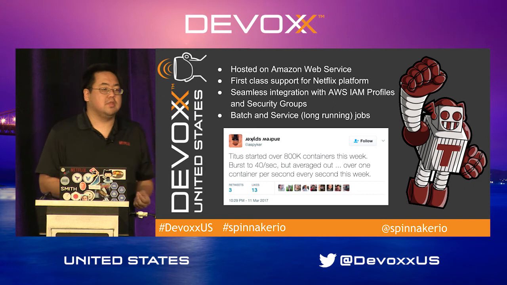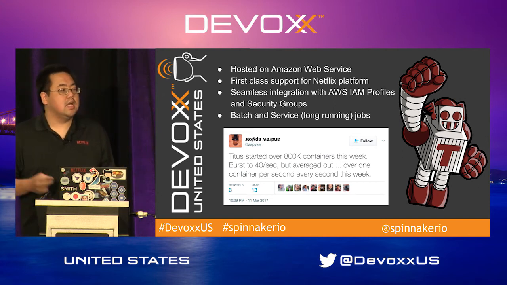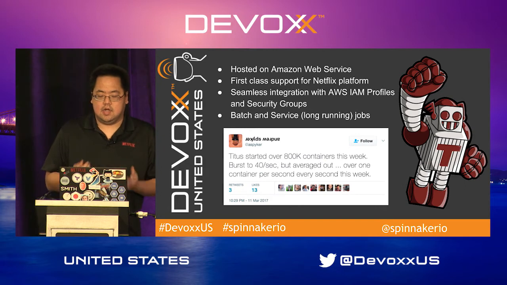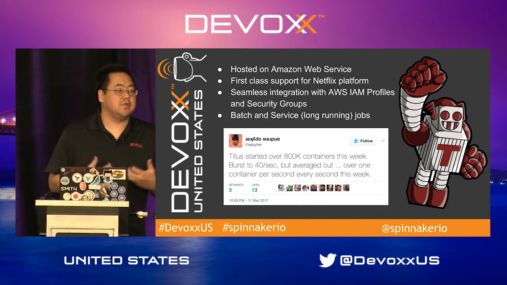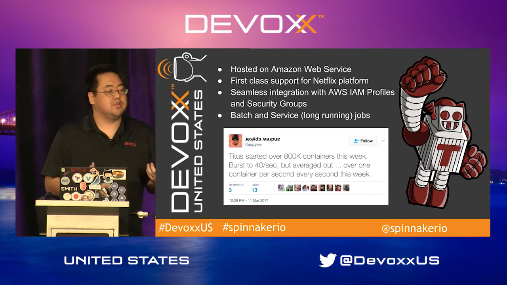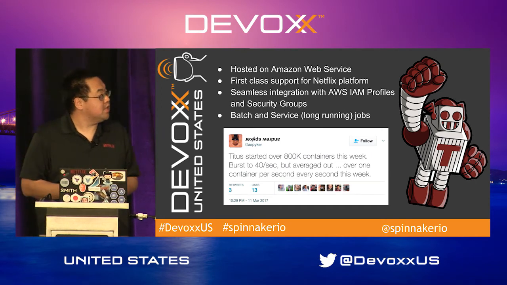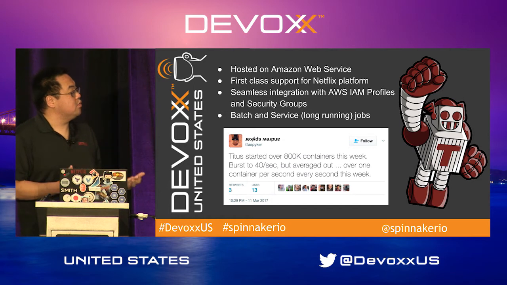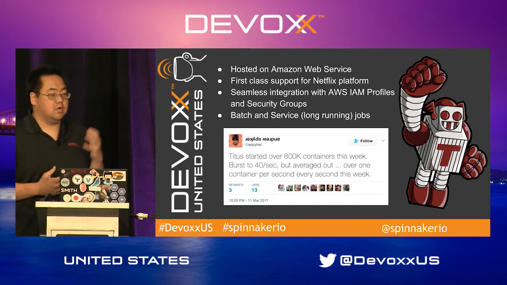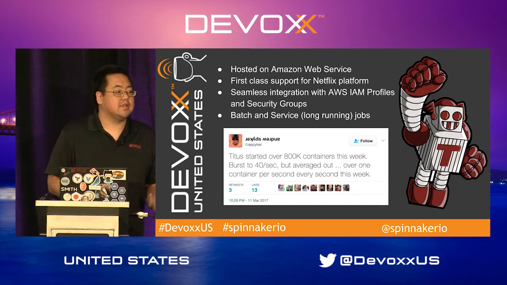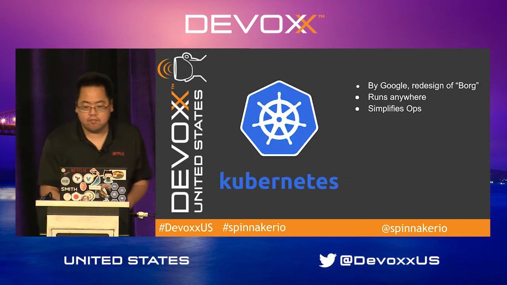You can also mount things like EFS volumes onto Titus itself. You also have access to resources such as GPUs that are managed directly and mapped to the underlying implementation running on AWS. Titus is able to run both batch jobs and service jobs, so long-running jobs and one-time jobs, and they're very successful. Last week alone, they ran over 800,000 containers in a week.